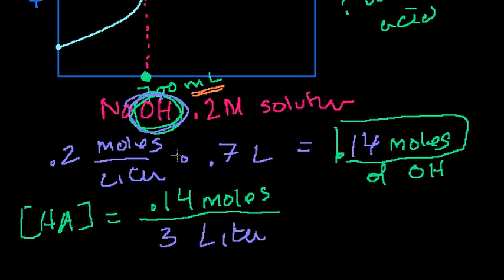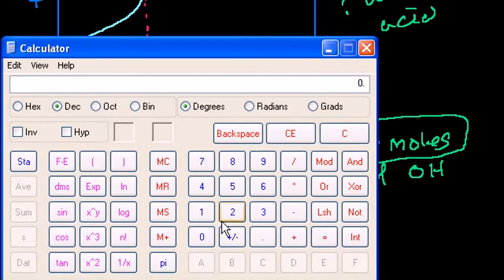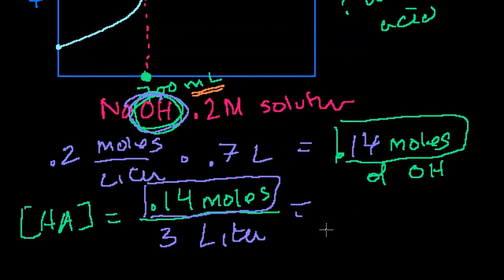Those canceled out with the exact same number of molecules of our weak acid. And so this is how many molecules of our weak acid we must have started off with. And so you divide that by the number of liters, and then you have your original molarity. So 0.14 divided by 3, 0.046. So your initial concentration of your acid, the mystery acid, was 0.046 molar.